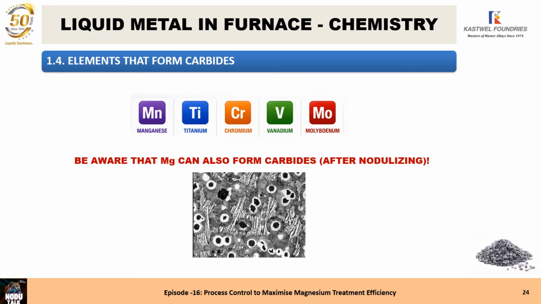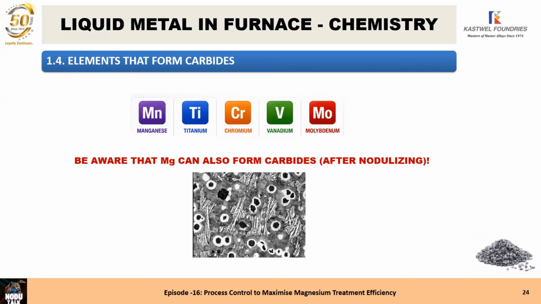But titanium can form it, chromium can form it, vanadium can form it, and also molybdenum. And there are some types of ductile iron, the silicon molybdenum ductile iron, that have a big problem with the formation of molybdenum carbide. You see in the bottom that the carbides can also come from manganese.